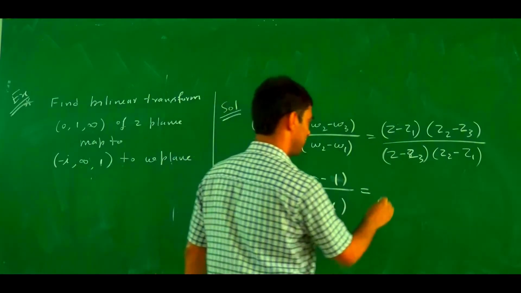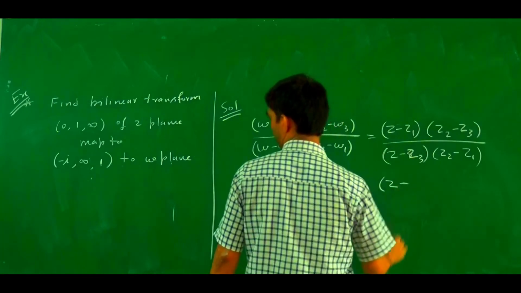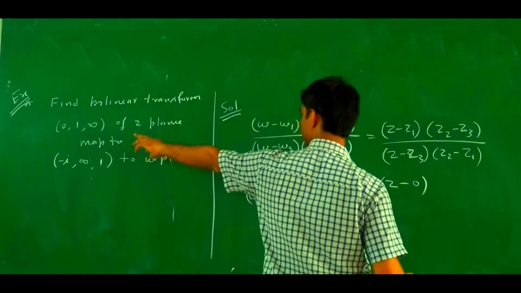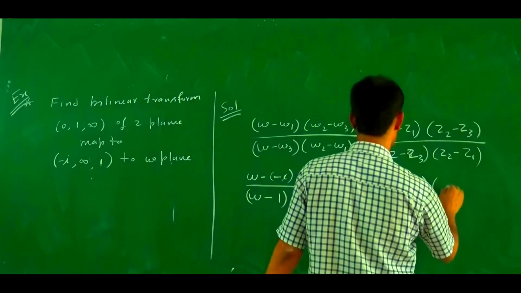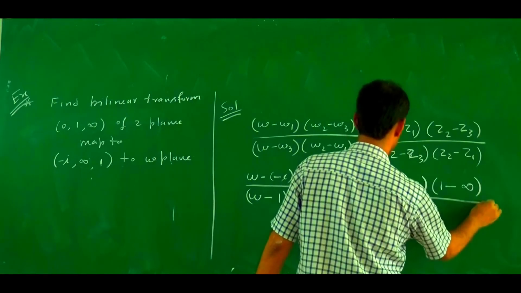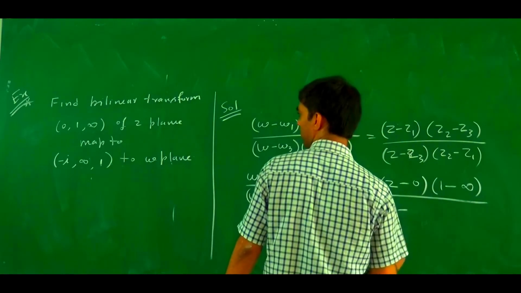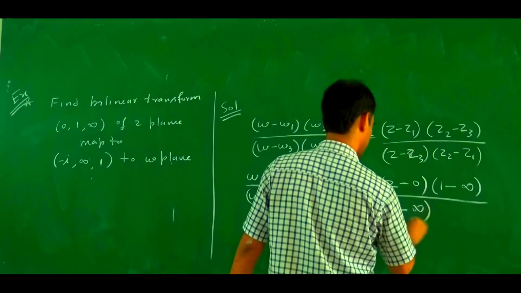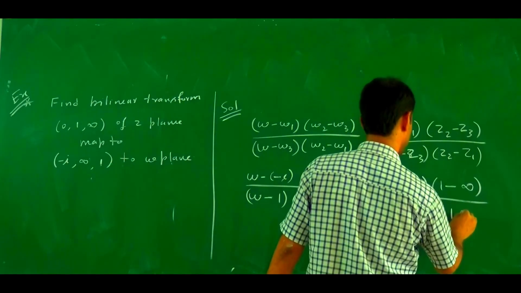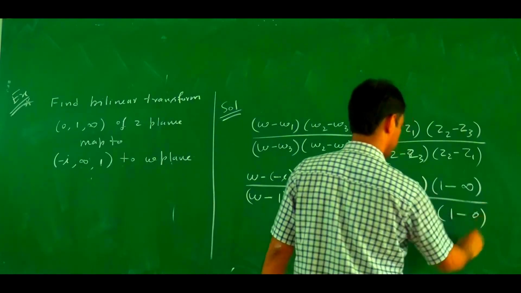This equals z minus z1, where z1 is 0, and z2 is 1, z3 is infinity, divided by z minus z3. Z3 is infinity, and z2 is 1, minus 0.